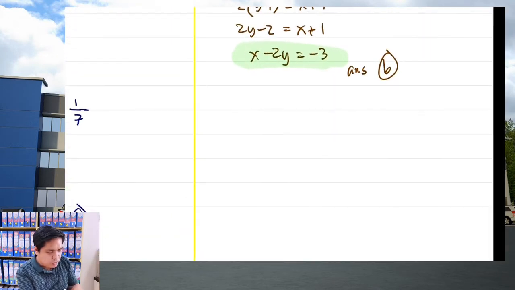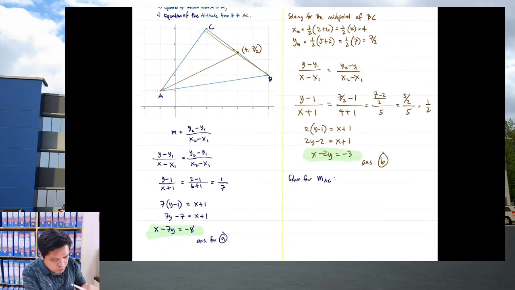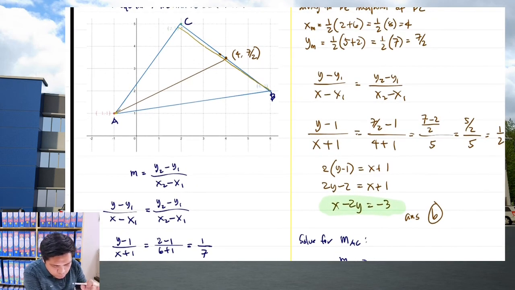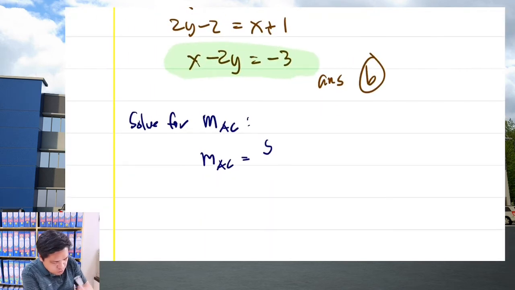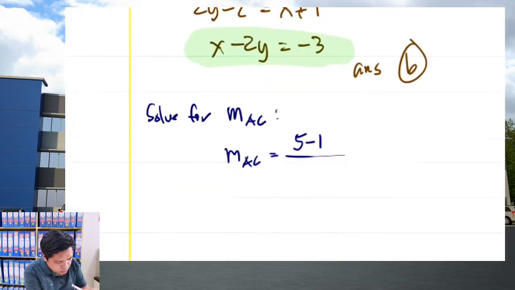The first thing we'll do is solve for the slope of AC. So for the slope of AC, that means MAC, that would be 5 minus 1 over 2 minus negative 1.